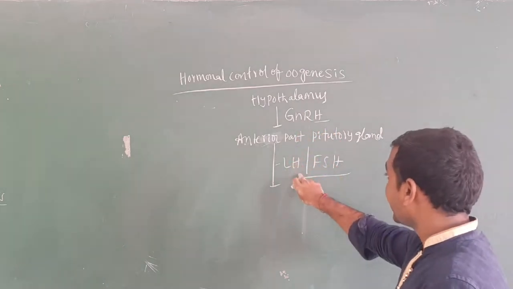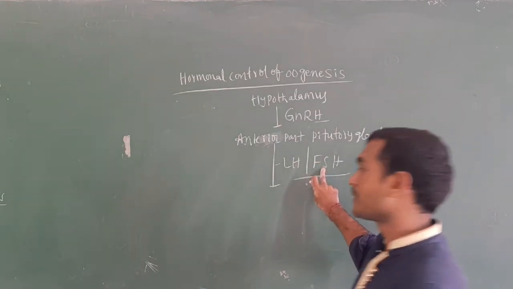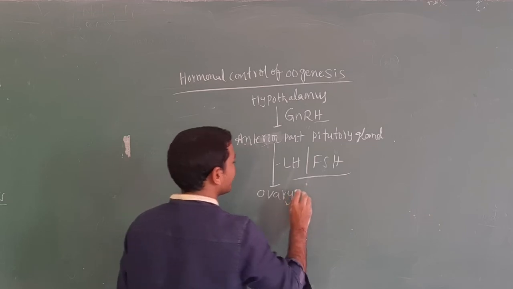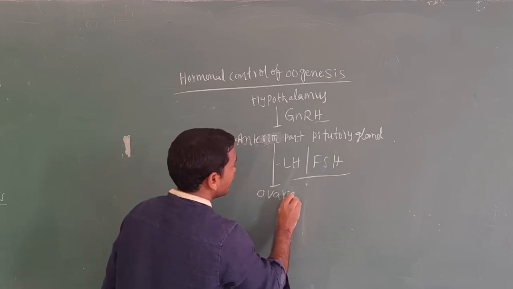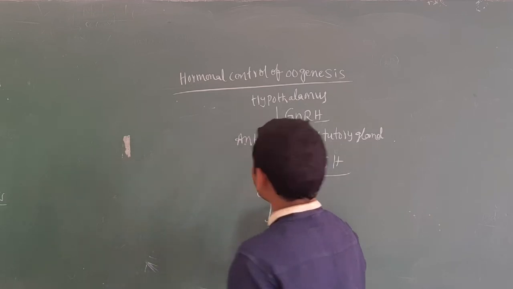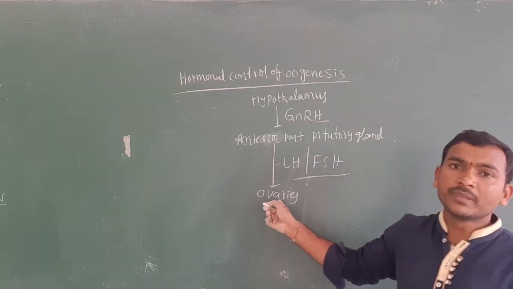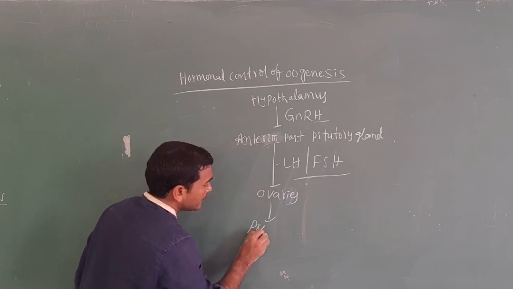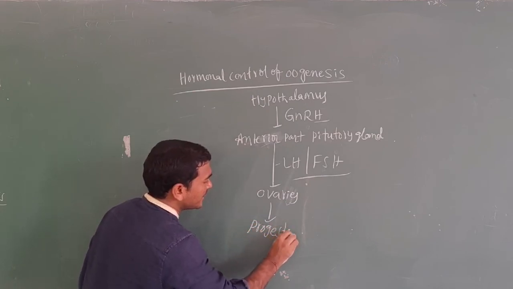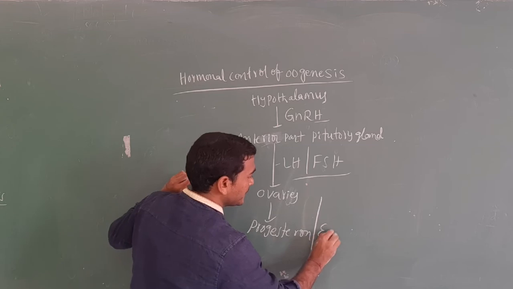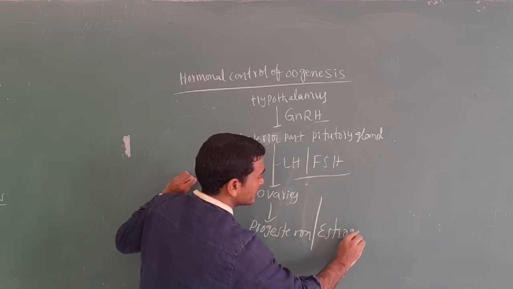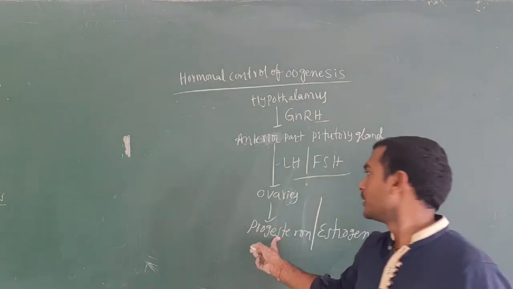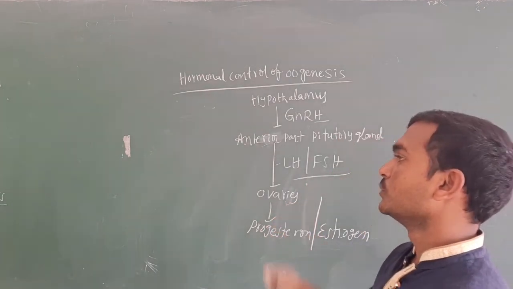These LH and FSH act on the ovary, the primary sex organ of the female reproductive system. From the ovaries, two hormones are released, progesterone and estrogen.